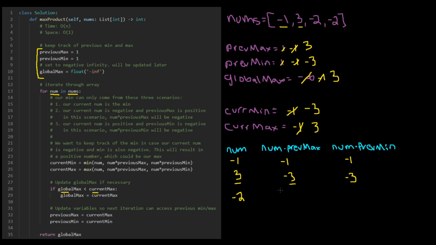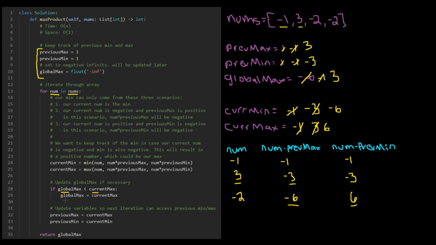So we have -2, and then -2 times our previous max is 3, which is -6. And then our current number times our previous min is going to be -3 times -2, which is +6. So we can see here that our max is 6 and our min is -6. So our max is going to be 6 and our min is going to be -6.